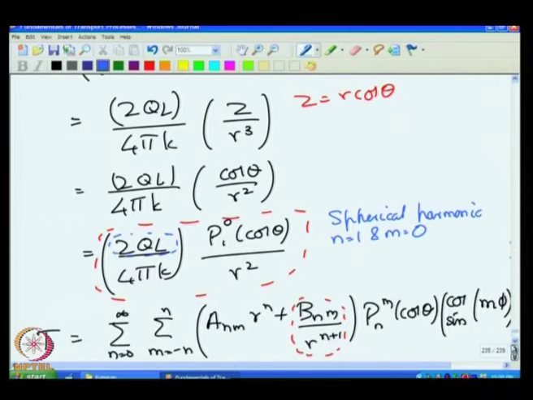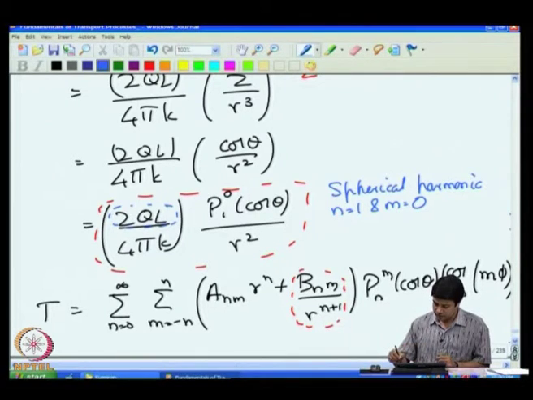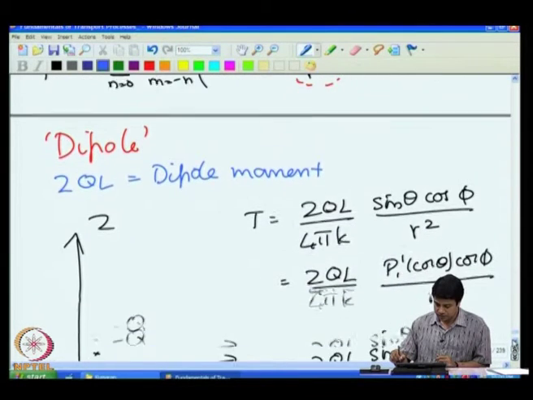So, that was for a source and a sink separated by distance L along the z axis. If they are separated by distance L along the x axis, I get n equal to 1, m equal to +1, and if they are separated along the y axis, I get n equal to 1 and m equal to -1.